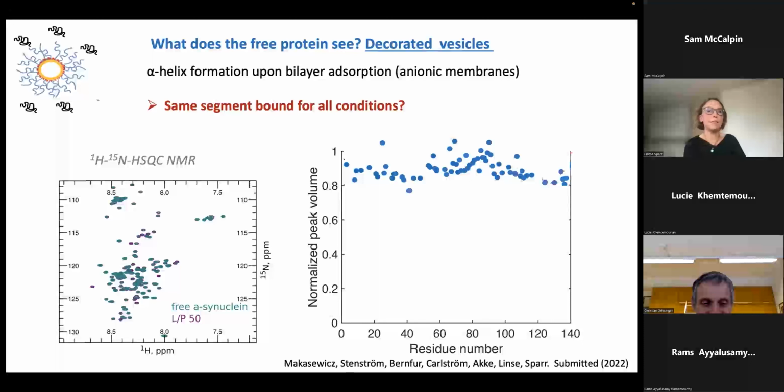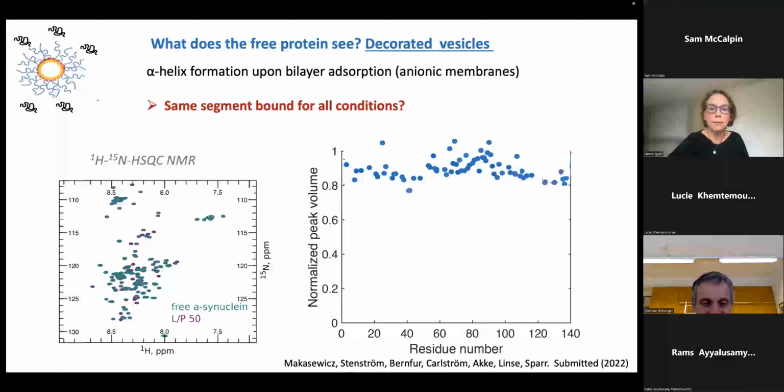So for this, we did HSQC NMR on 15N labeled alpha-synuclein. And from this, we can basically detect signal from the segments that are freely moving.